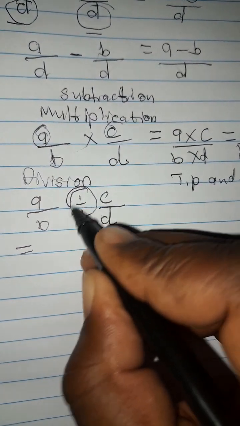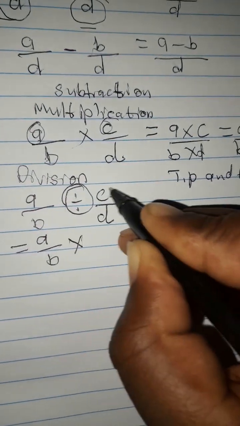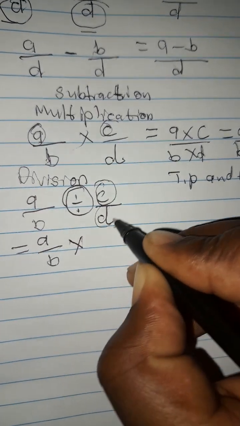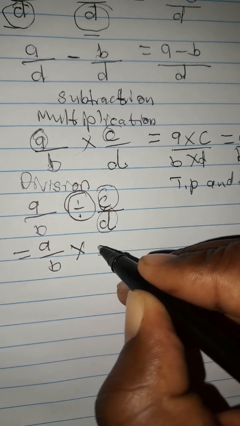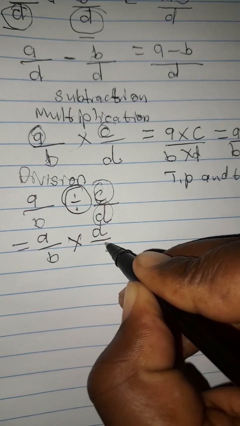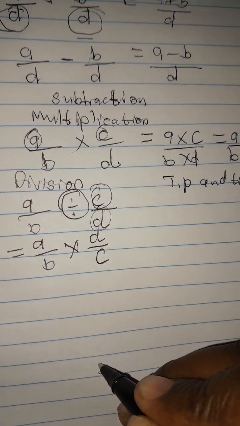We are going to look at the inverse, which is multiplication. It affects both the numerator and the denominator, so the numerator becomes the denominator and the denominator becomes the numerator, meaning it will be d all over c now.